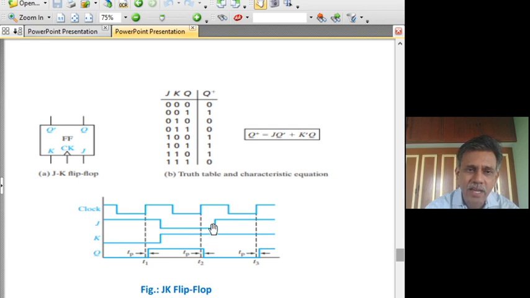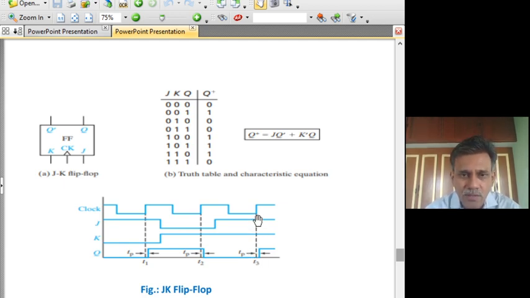Then again J and K may change. Here it will have no effect on Q. And at this last positive edge, the flip-flop changes. Again, during this change, the master will change, but the slave will not change. The output of the flip-flop will not change. So this is the time we give for the master to settle down.